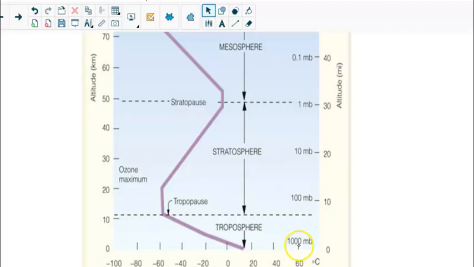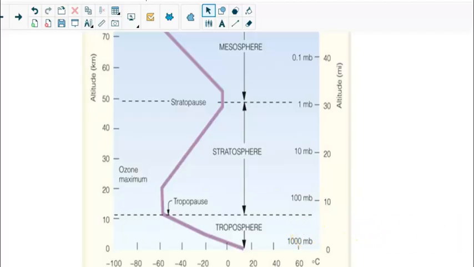Now this pressure fluctuates a little bit with the weather. Our world is spinning, and when you have something spinning, things get mixed up. So that's why the pressure isn't static all throughout here, but it doesn't vary a whole lot when you think about the number of millibars.